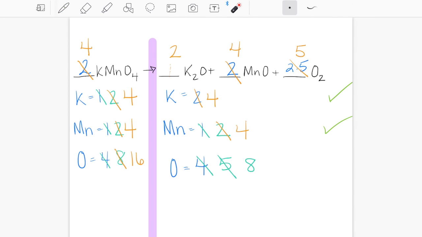Okay, and then lastly, my oxygen, I have 2 times my 1 oxygen, so 2 oxygen here. 4 times my 1 is 4, so I have a total of 6 now. 2 plus 4 is 6. And then 5 times 2 will give me 10, so 10 plus 6 will give me 16, which is also matching.